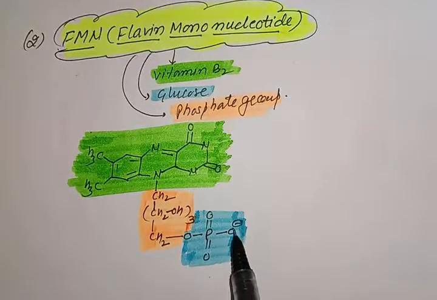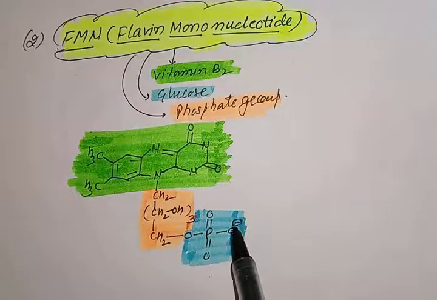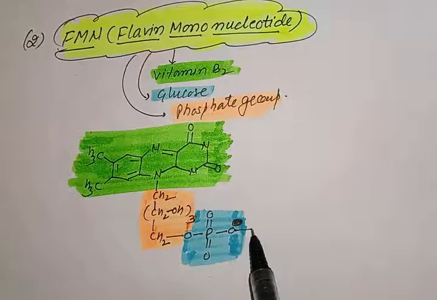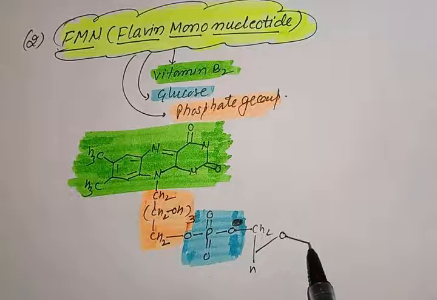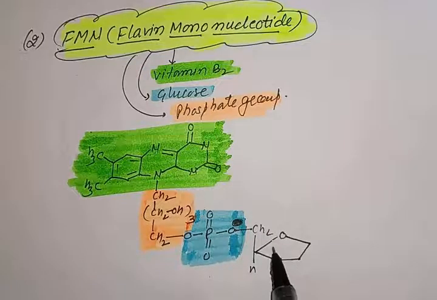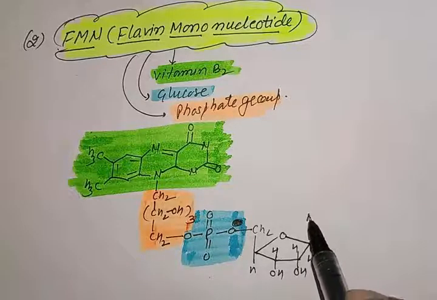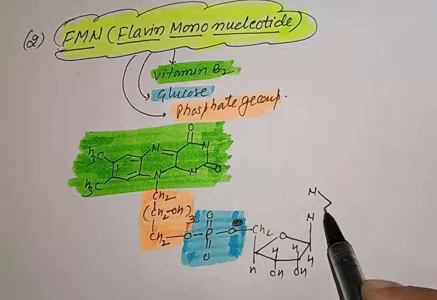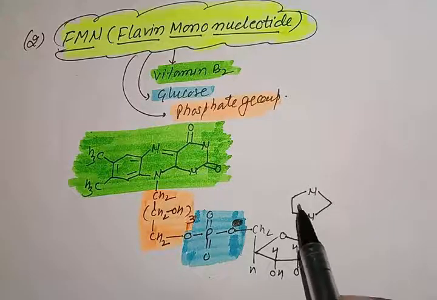If one adenosine monophosphate unit is attached at this position, then FMN becomes FAD. We can remove this negative charge, and this oxygen will attach to the pentose sugar, that is CH2. Here is our pentose sugar, O, a ring like this, with OH group and H group, similarly OH and H group, and here is H group. This other bond is attached with nitrogen, and two nitrogen atoms form a five-membered ring.